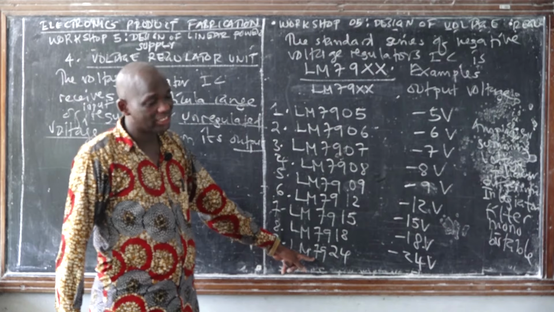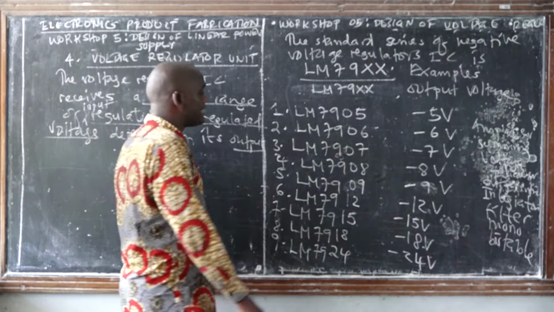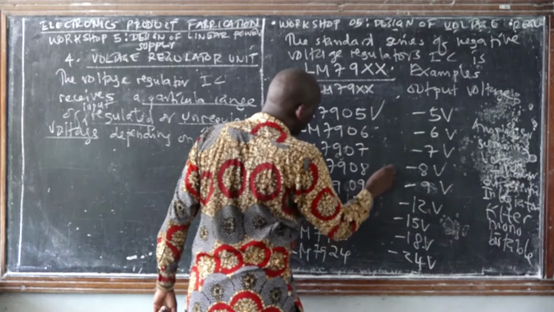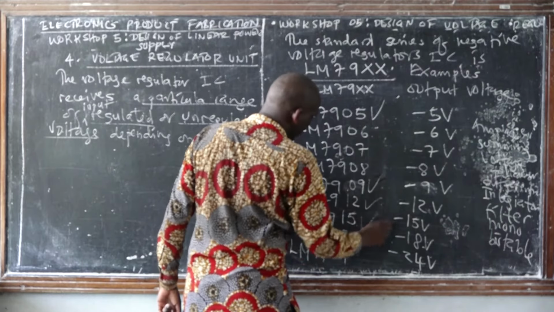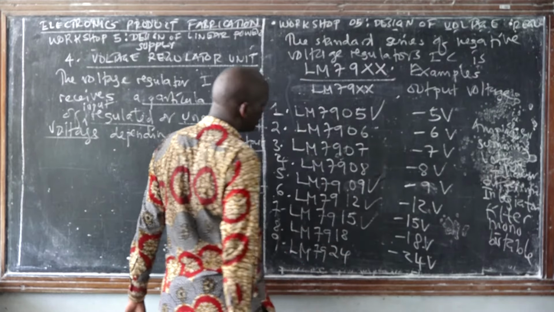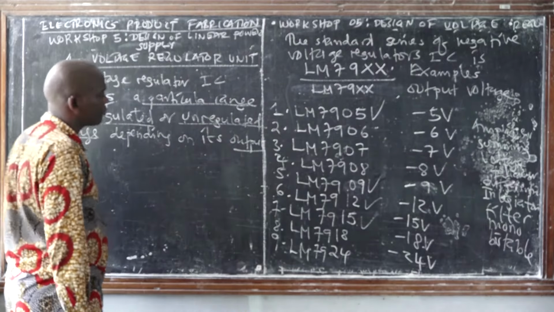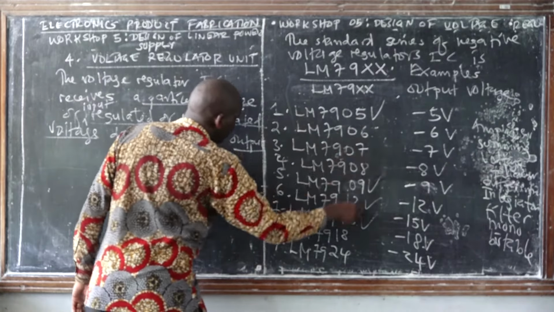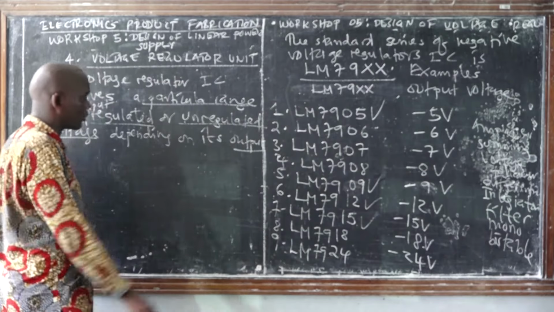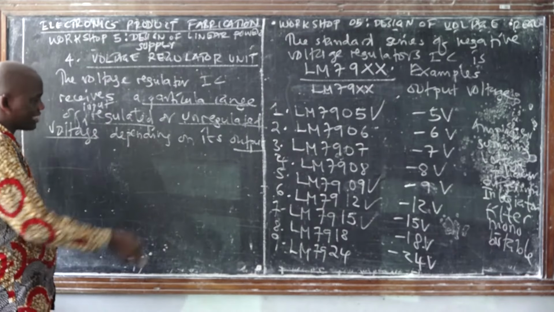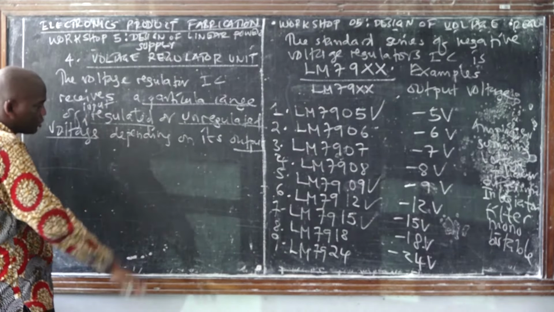Do you understand what I am teaching you? In Tanzania or in our own countries, most of these are the positive voltage regulators. You might find this in most of the shops. But especially this one and this one: 5 volts and 12 volts, because in most projects we are using 5 volts or 12 volts. Just a few projects use maybe 9 volts.